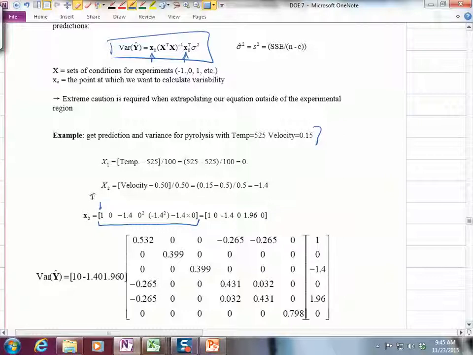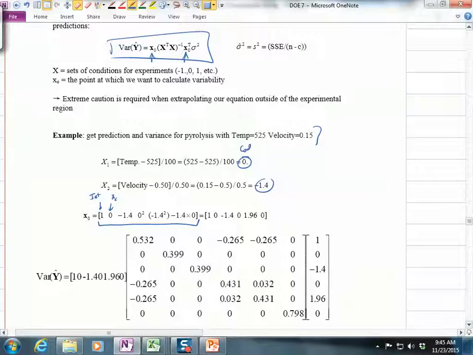So that's the intercept, there's x1. This is just saying these are the coded values, so you go from uncoded to coded. For our x naught vector, where do you want to make a prediction? Intercept, we have the placeholder of 1. x1, we want it at 0.